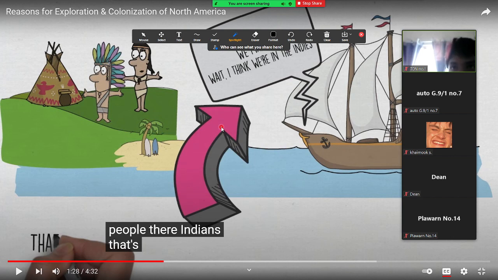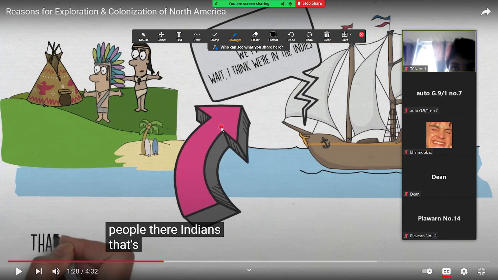So that is how the term Indians originated. Because they thought they were in the Indies, or in Asia, they called these people Indians. Up until now, it's even written in books that they're Indians, but they are not, because Indians are from India.